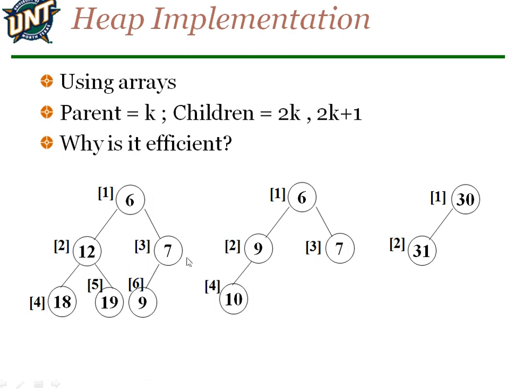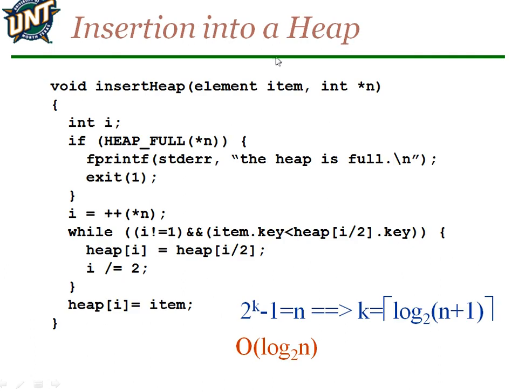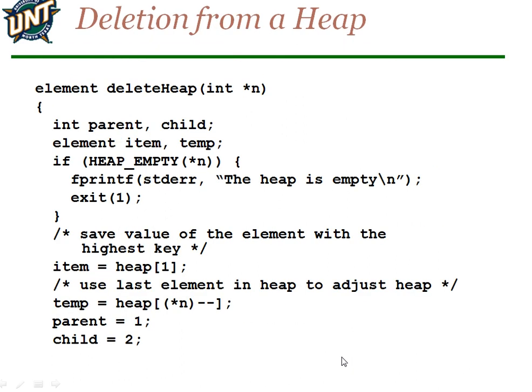So this property should not be violated, and we have to proceed in this fashion only. Now here we have the code to implement heap insertion. Okay, an algorithm is given here, and it takes log 2n computation. Then we have a module called delete heap for deleting an element from the heap.